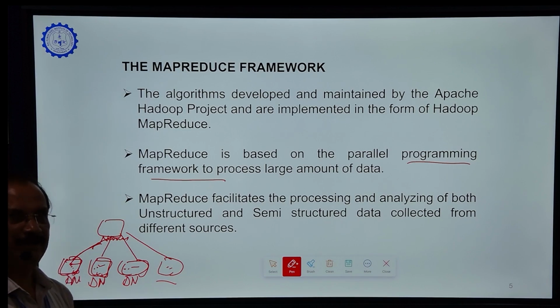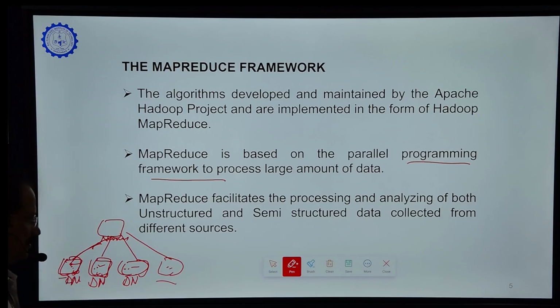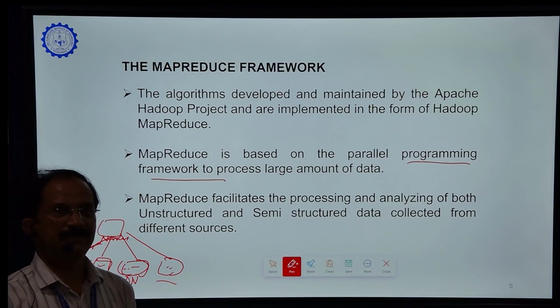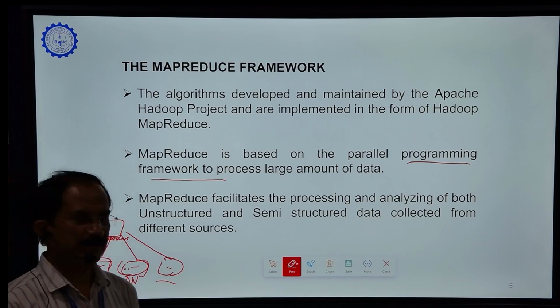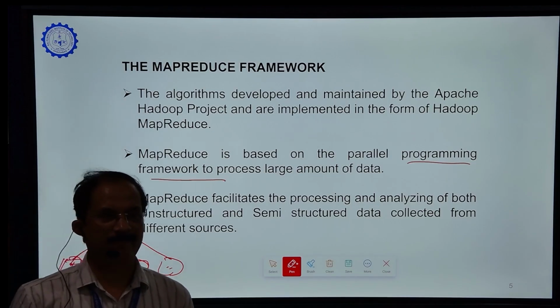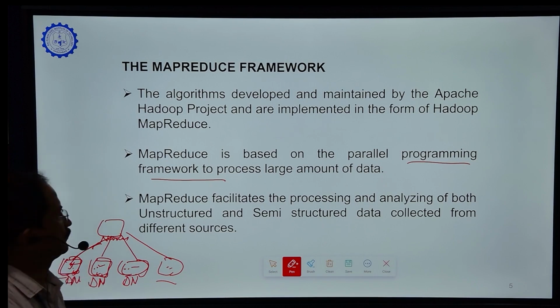Wherever the partial data exists, there is a Java program that processes it, prepares a result, and returns the partial result to the name node, which combines all the results into a single result.